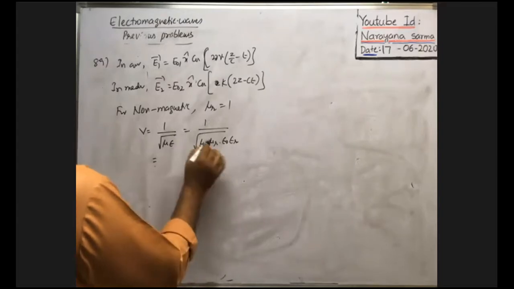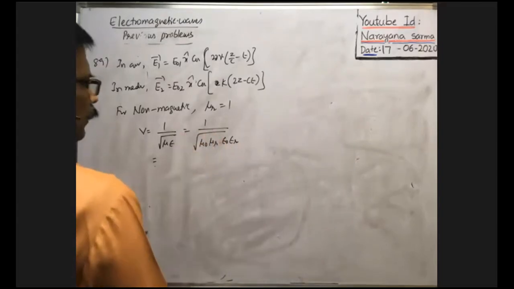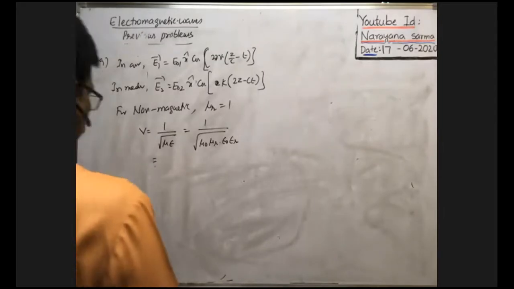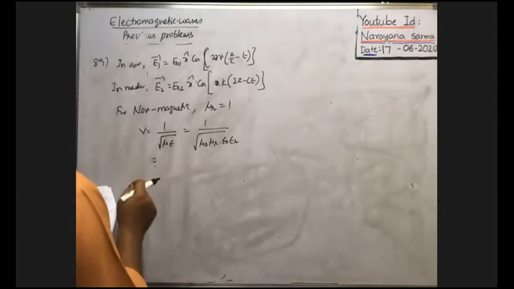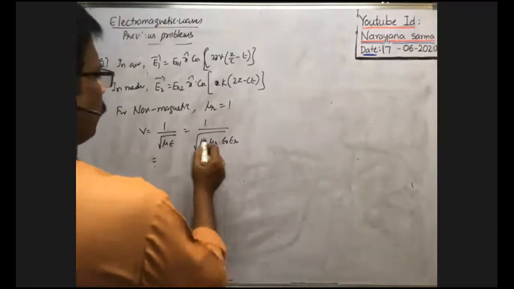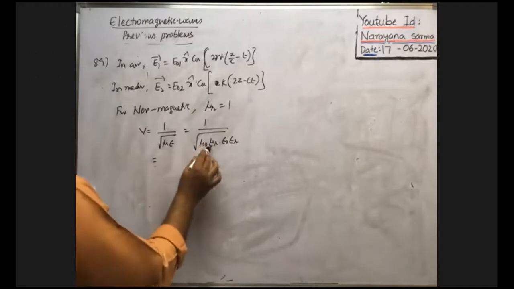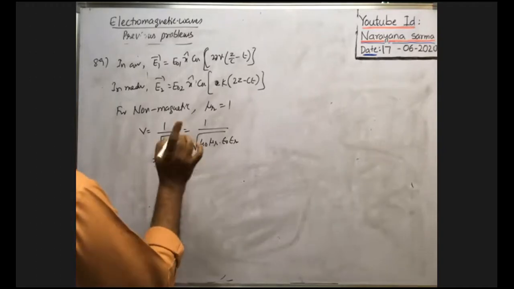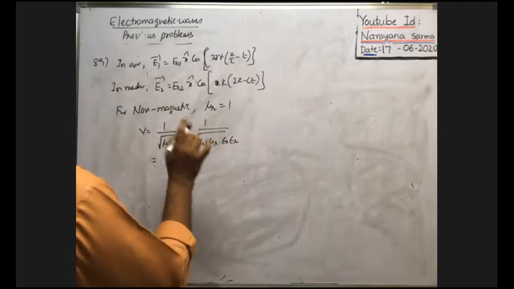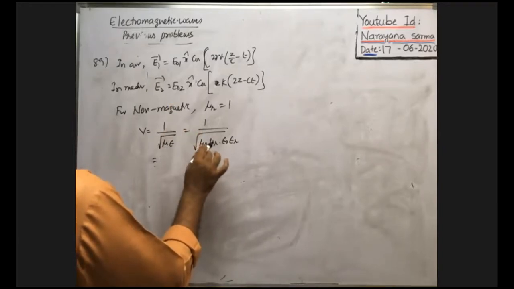In case of air, mu r is 1, epsilon r is 1. For air or vacuum it is 1, and for a non-magnetic material also the relative permeability is equal to 1.